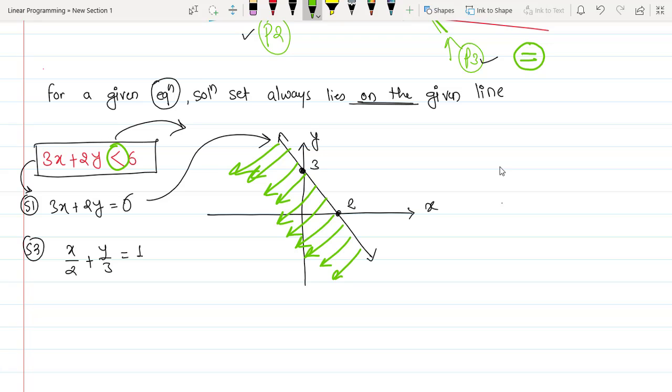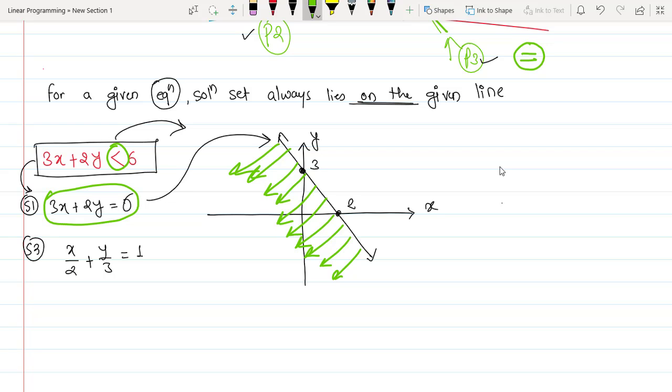Are you getting this? This is the reference line. That's why we introduced step number 1, which gives us the reference line. So can I have the solution set on the line here? No, of course not. So the solution set is just below the given line. Great.